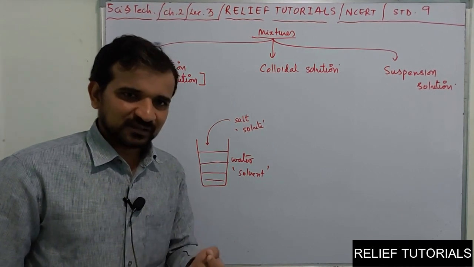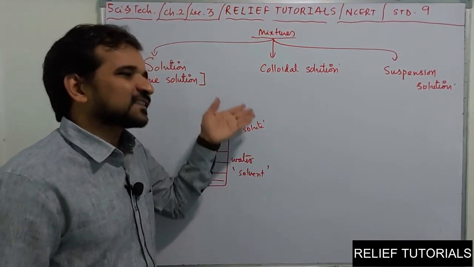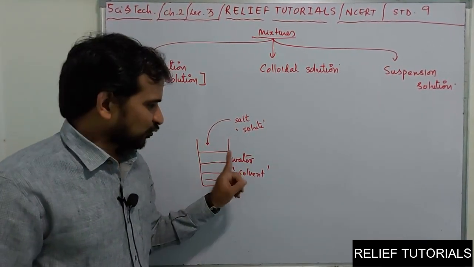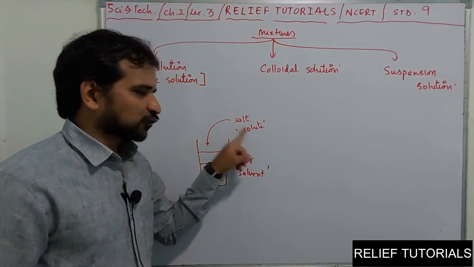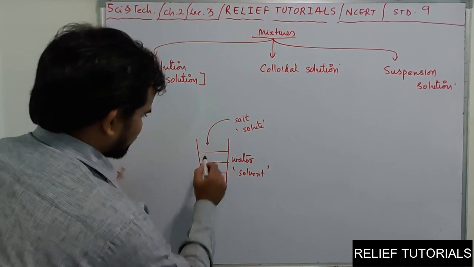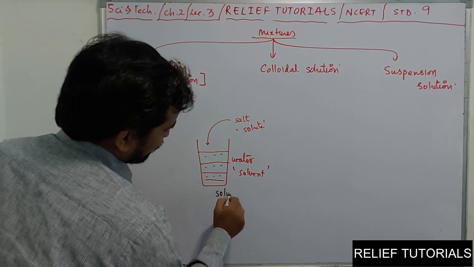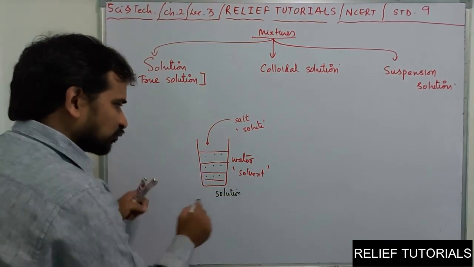Solute means a substance normally present in the mixture in the lesser amount, which is dissolved in the solvent. So here water is a solvent, salt is a solute, and the newly formed mixture is called a solution. So this is the solution.